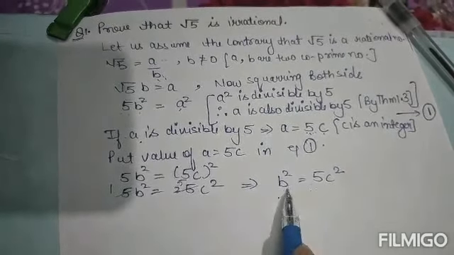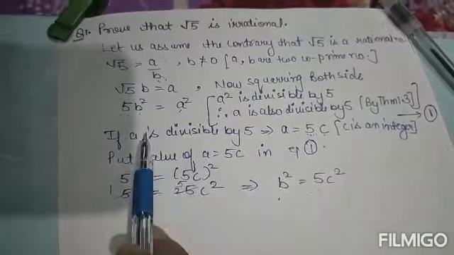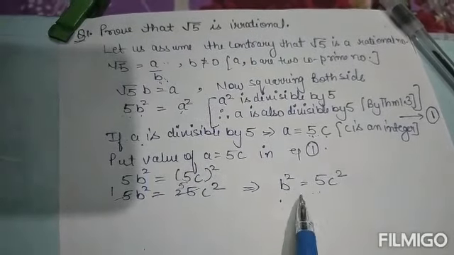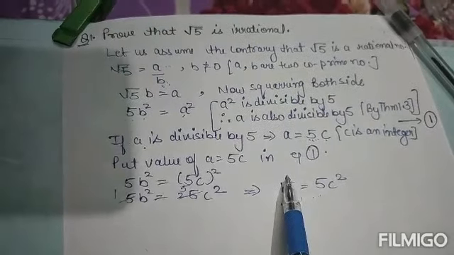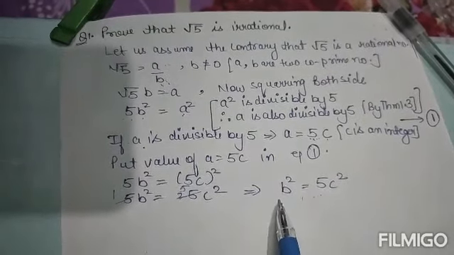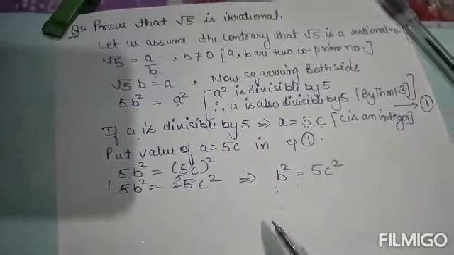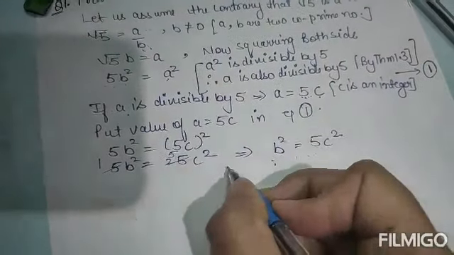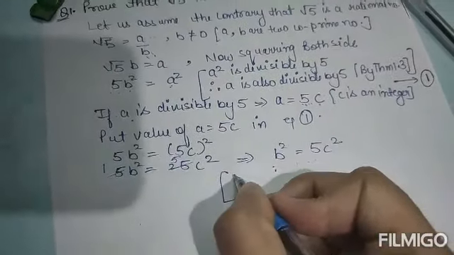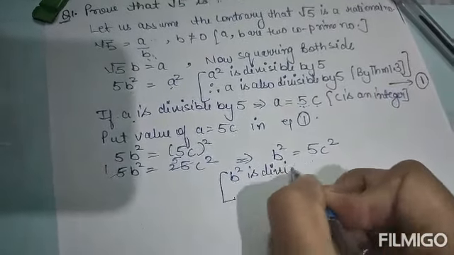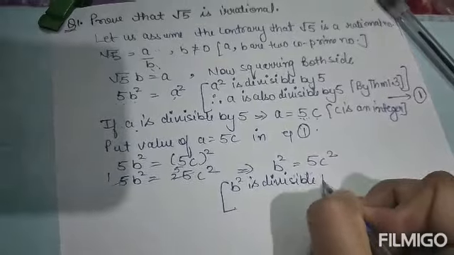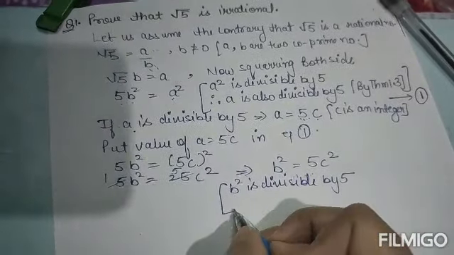Look, b square equals 5c. Now this has become the same as this. That means 5 also divides b square, and 5 will also divide b by theorem 1.3. So this implies b square is divisible by 5.